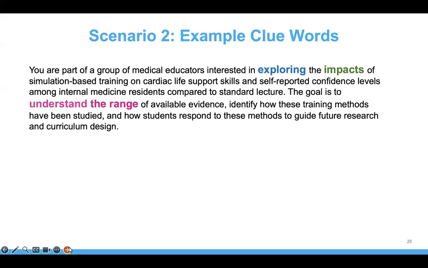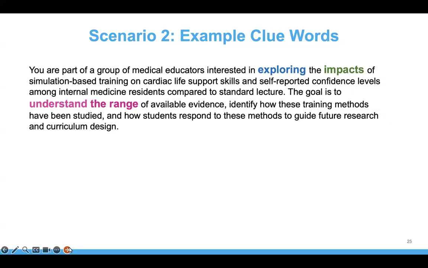If we apply this to our second example on simulation-based training, we're looking to explore the impacts of simulation-based training on cardiac life support skills and confidence levels in internal medicine residents. The term explore already indicates that we want to see what is out there or map the literature. And impact may refer here to effect or influence, which is quite broad because, again, impact can mean many things.